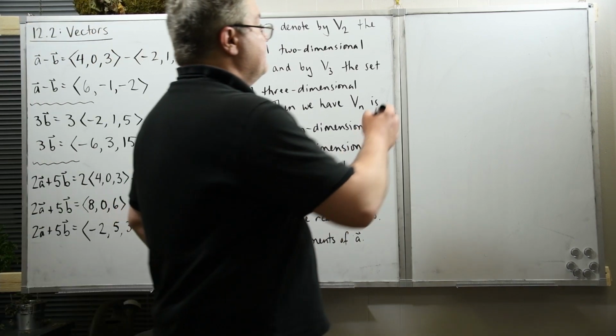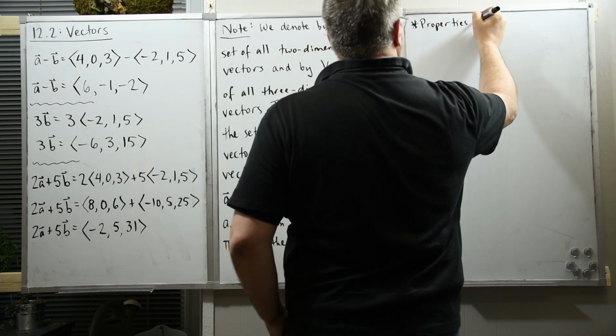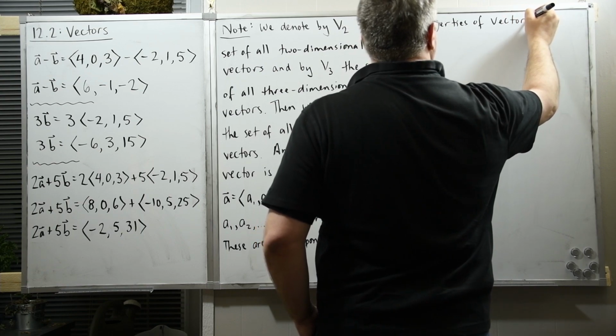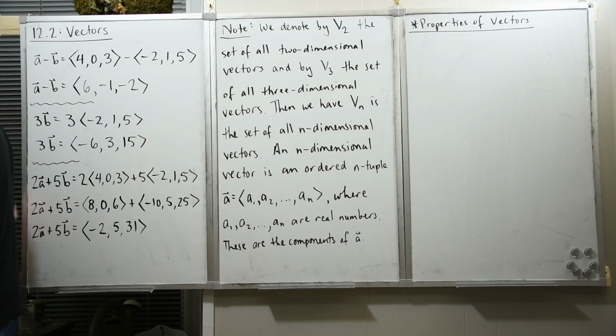Let's dive into that. Now, if you've taken, let's say, a standalone course in linear algebra, these properties are probably going to look very familiar. You might remember them as the vector space axioms. I'm not going to get into all the gory details of that here, but I will list out the properties.